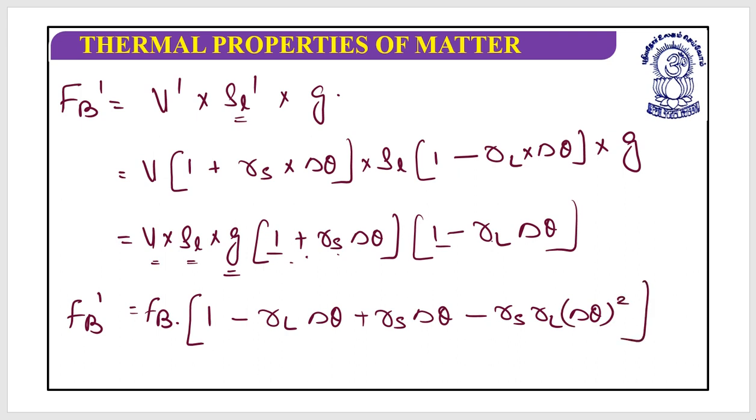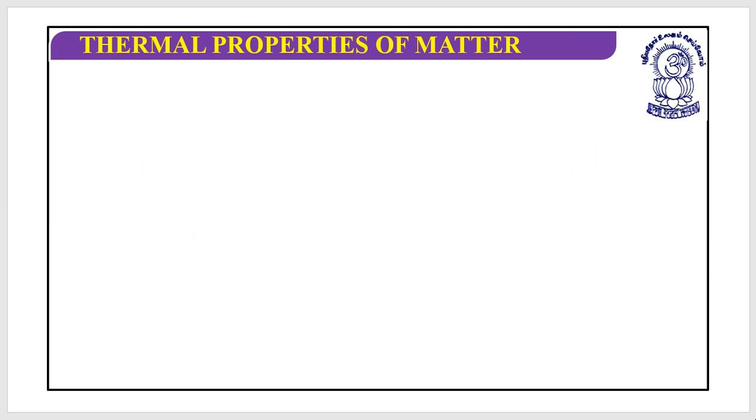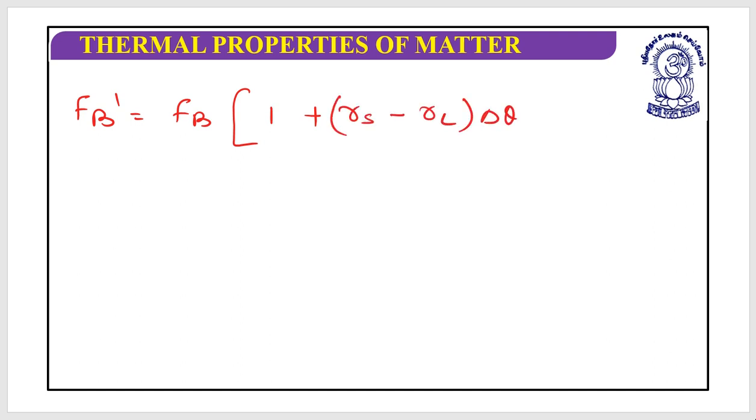But as I know, this delta theta is a much smaller amount. So it's a very small amount, so we are going to ignore this. When I ignore this, this could be written as Fb dash is equal to Fb into bracket 1 plus (gamma s minus gamma L) into delta theta.